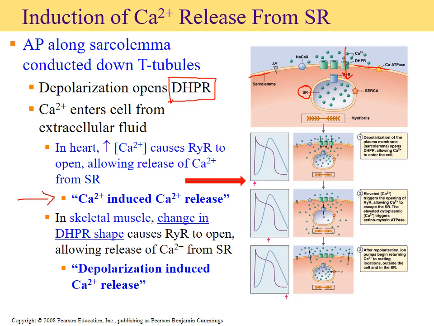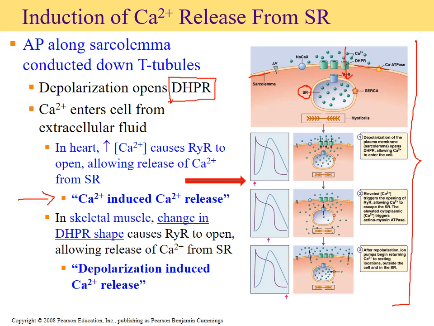So the presence of calcium causes even more calcium to be released. The illustration on the right-hand side is highlighting cardiac muscle, showing how calcium causes even more calcium to be released from the sarcoplasmic reticulum.